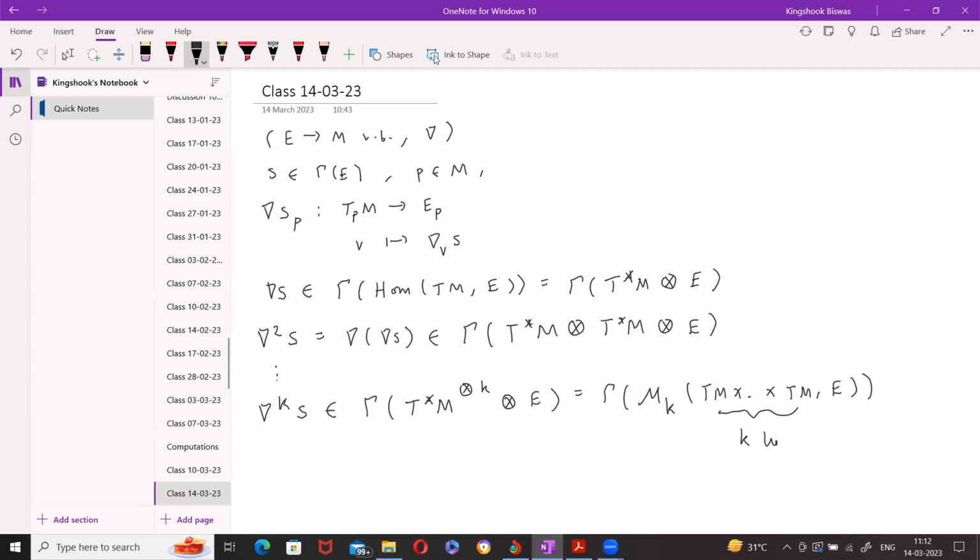This means K multilinear maps from TM cross TM cross ... cross TM, K times, to the bundle E.